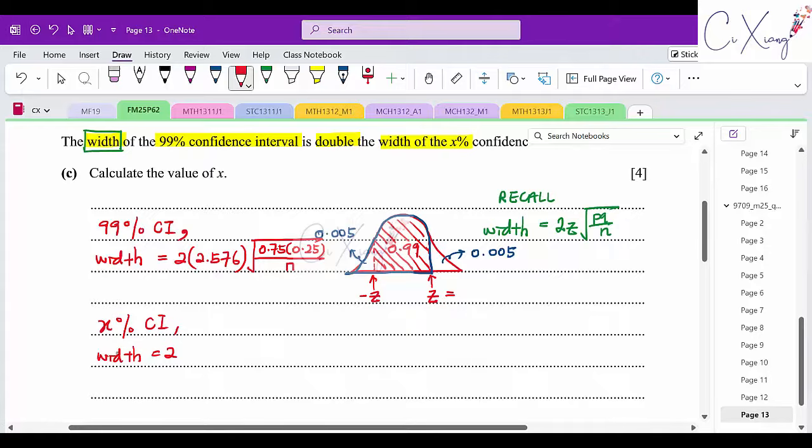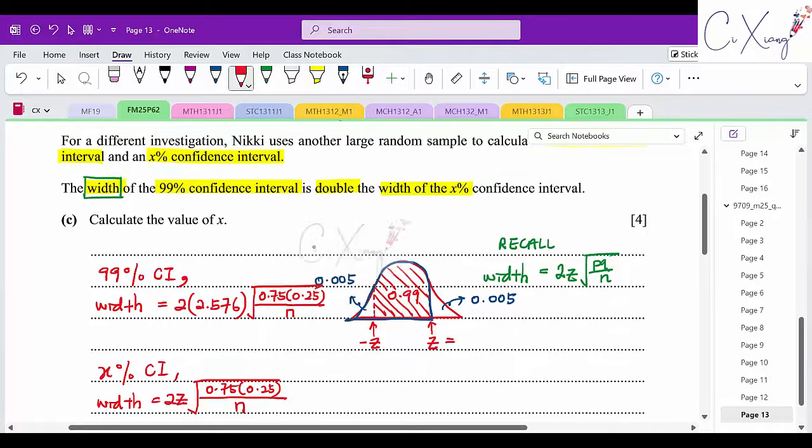So I also cannot find the Z yet. So I just keep it as Z first. Then I have square root PQ over N. Again, I don't know what the value of N is because it is not mentioned in this question. Okay, then if you write out all the related formulas already, let's have a look at what they want us to find.